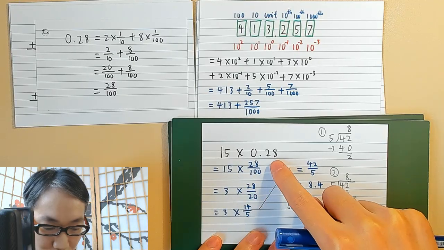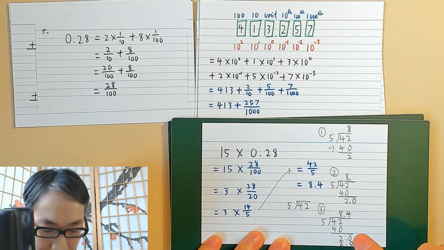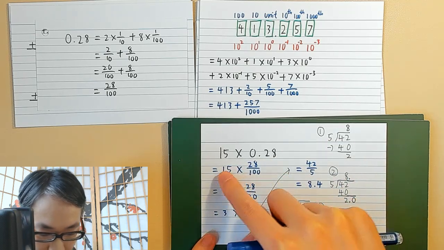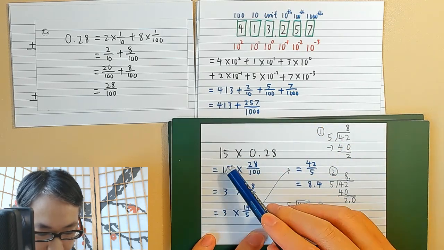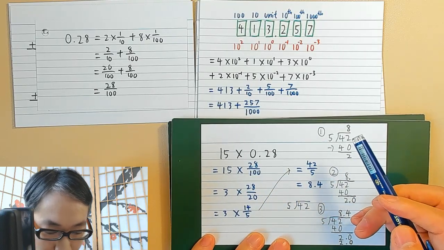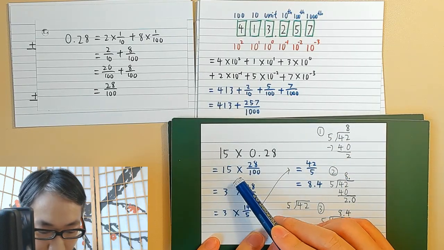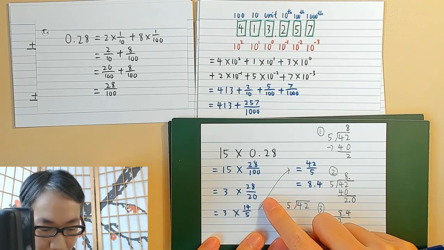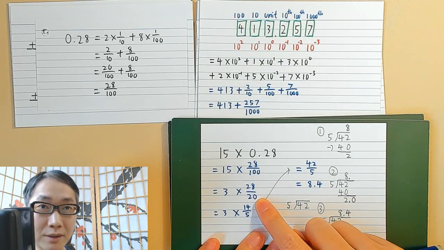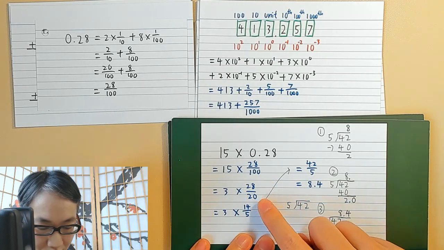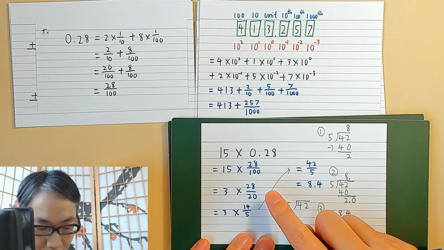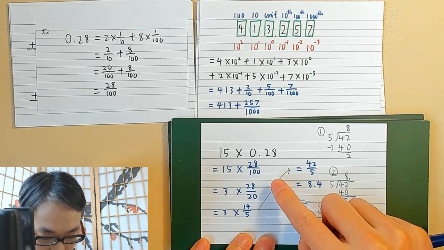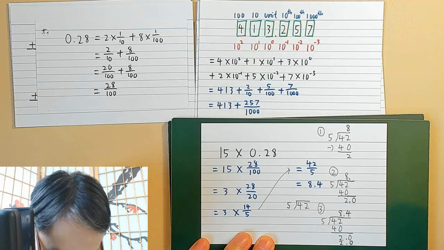It's 15 times 28 over 100. Okay, next step, we reduce. These 15 and 100 are both divisible by 5. So the 15 divided by 5 is equal to 3. And 100 divided by 5 is 20. Afterwards, we simplify the fraction further. So both the numerator and denominator are divisible by 4.